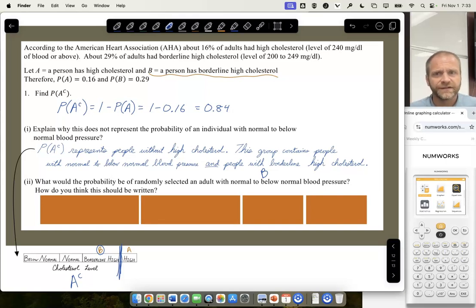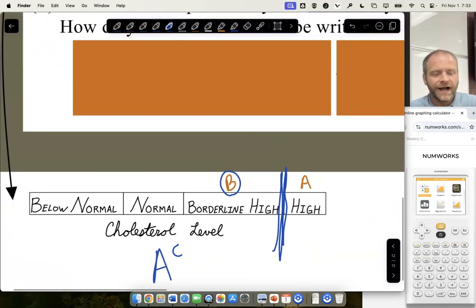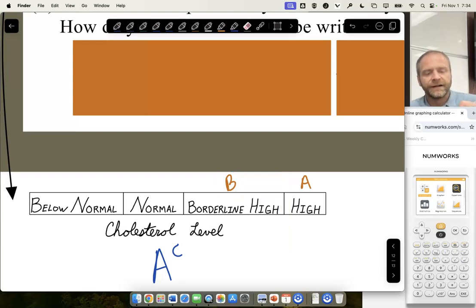So the question is, how do we find the probability of somebody with normal to below normal cholesterol level? Let's go back to this picture. I want to know the probability of these people down here, those with normal to below normal cholesterol level.